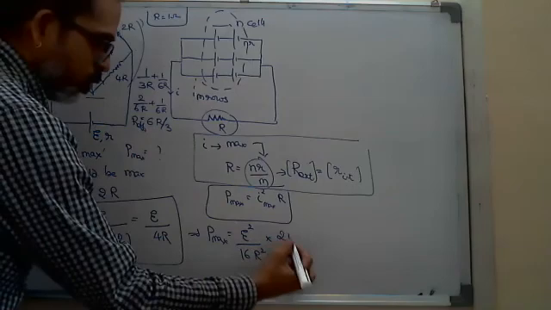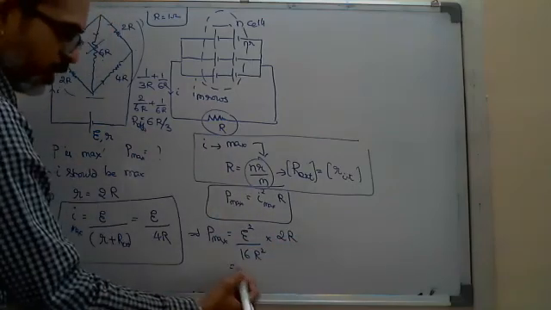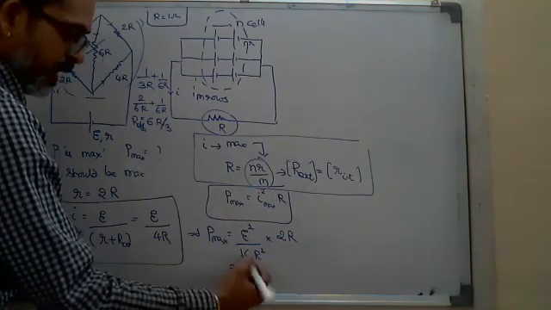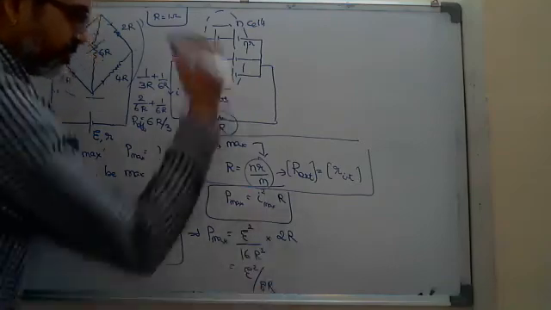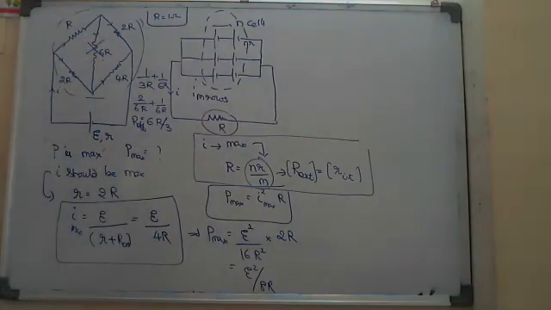So into 2R, you get E square by 8R. That is the maximum power. Here R is equal to 1 ohm, therefore the answer, power maximum, is E square by 8.